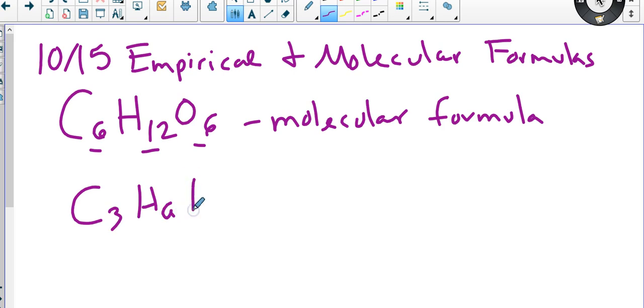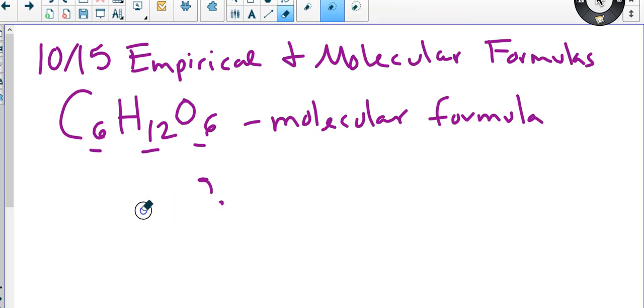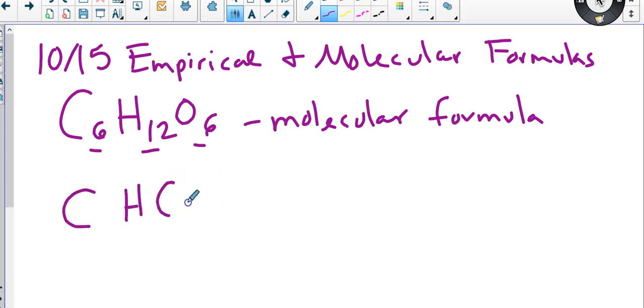Is there a number that will go into 3 and 6? So really, all these are divisible by 6, aren't they? So what might that be then, Anissa? 1 and then 2 and then 1. So that's what's called the empirical formula, which is sort of like a reduced down molecular formula.